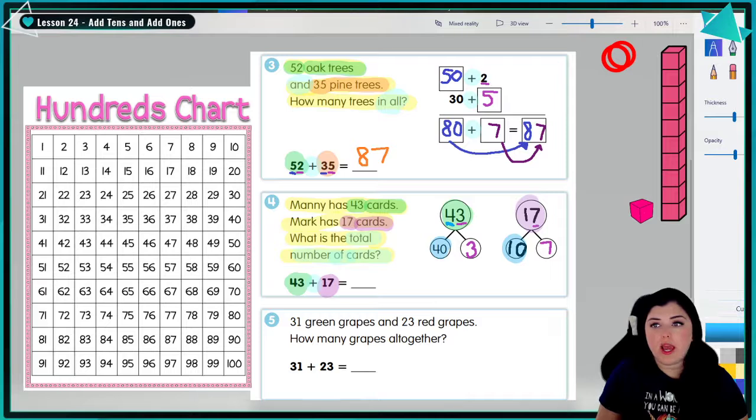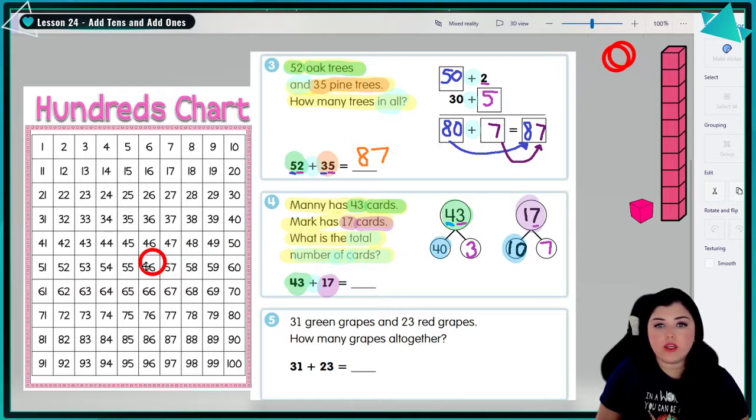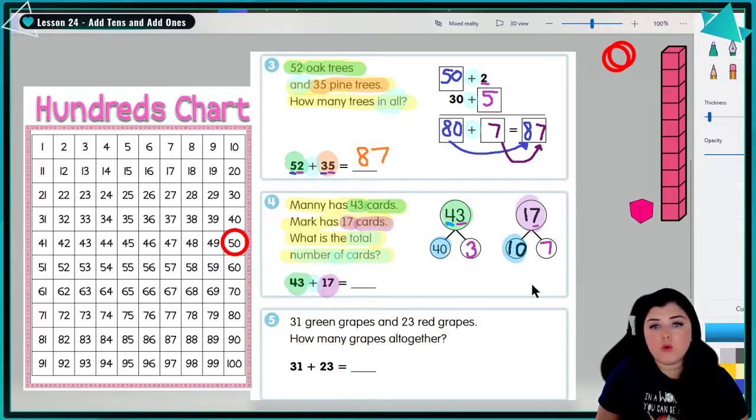So let's start by adding our tens. Let's find the number 40 because we have 40. And then if we do 10 more from 40, we go one space below and get 50. So 10 more than 40 is 50.